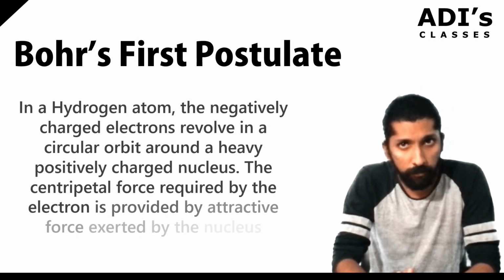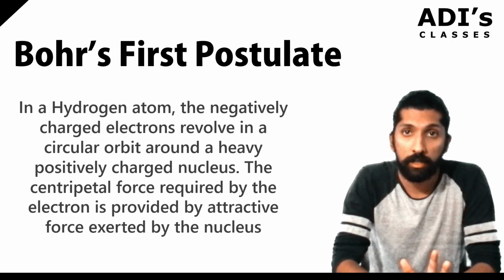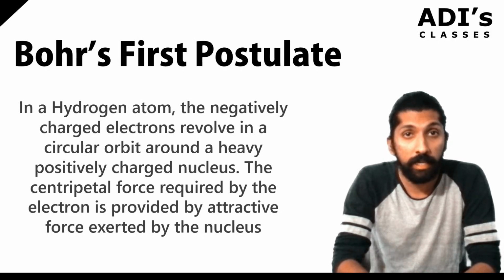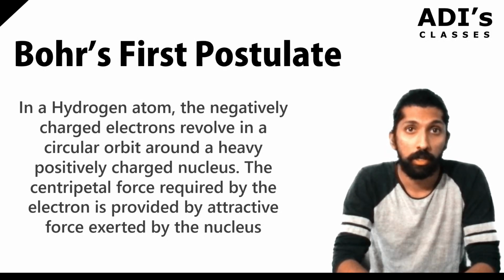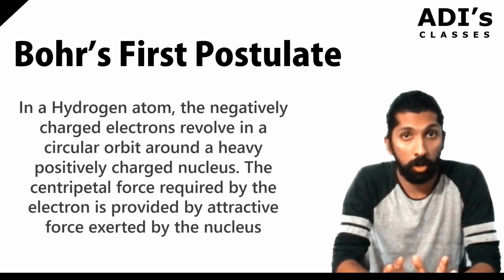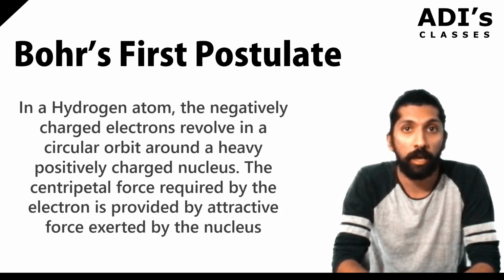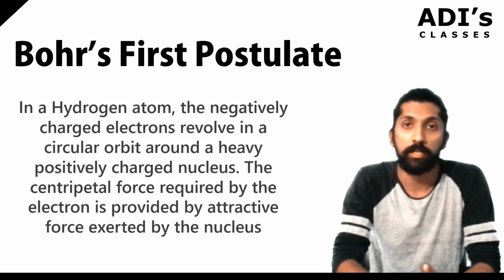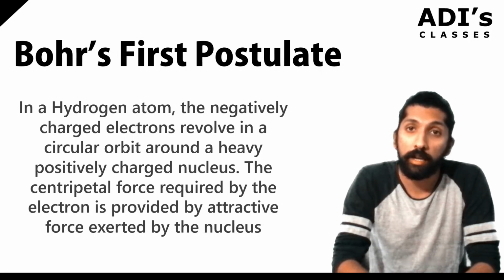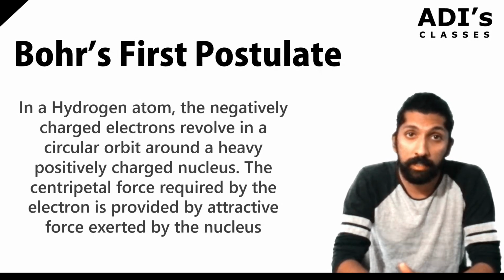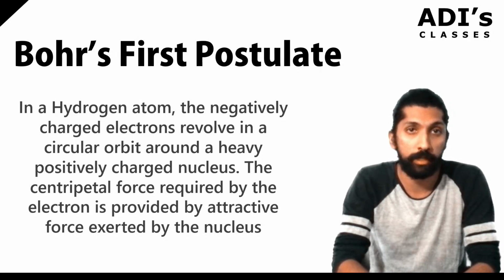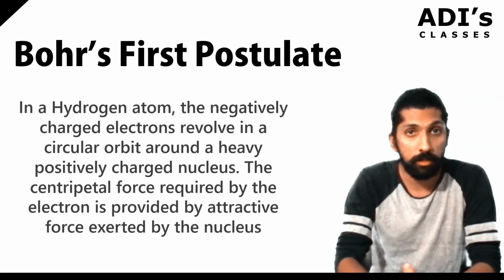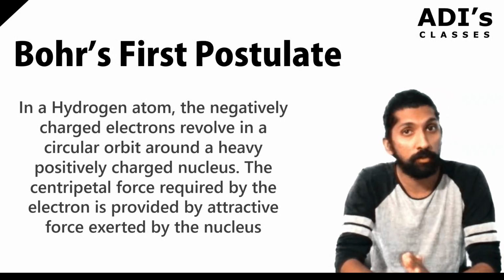So the very first thing is, in a hydrogen atom, the negatively charged electron revolves in a circular orbit around a heavy positively charged nucleus. The centripetal force required by the electron is provided by the attractive force exerted by the nucleus on it. This is the first postulate of Bohr.